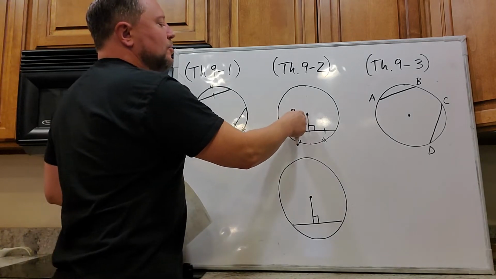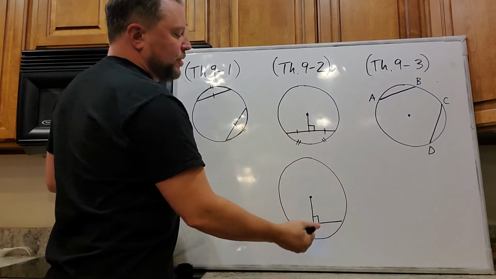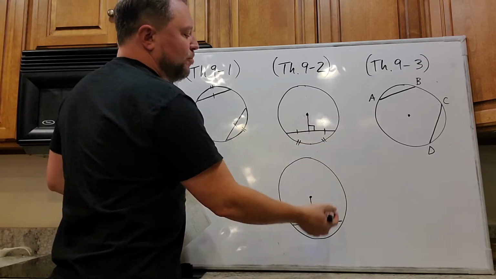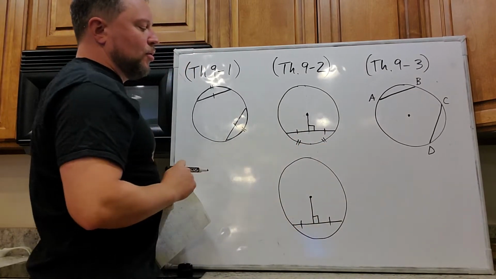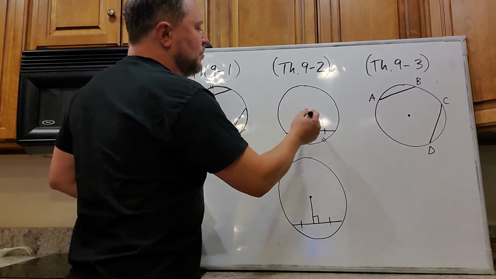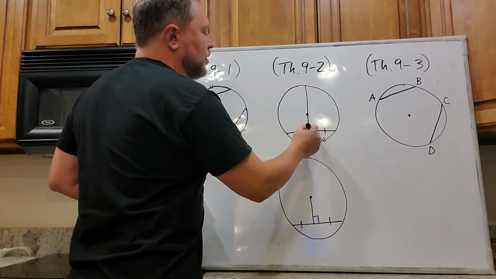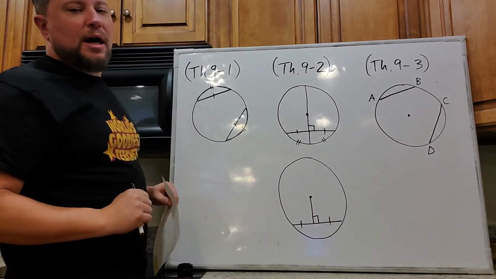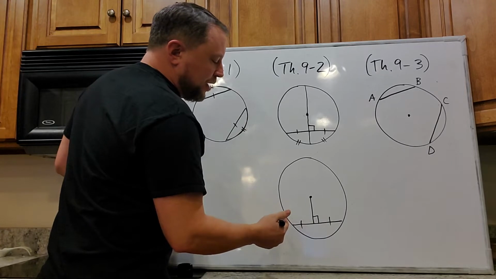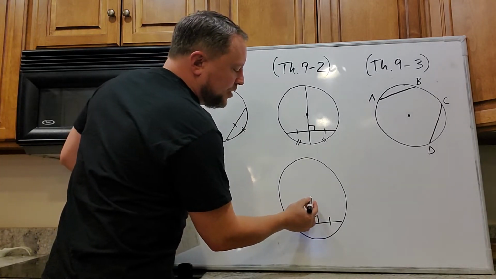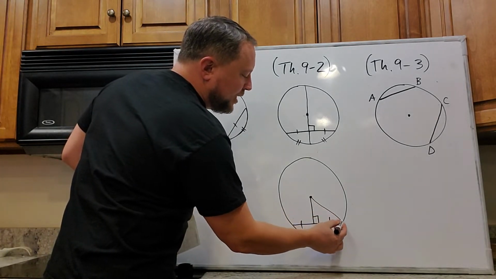As long as it goes through the center of the circle and is perpendicular, it's still going to bisect the chord. Okay, but then here's the other difference that we're going to do on ours. On our variation down here, I'm also going to run a segment from the center out to the edge of the circle.